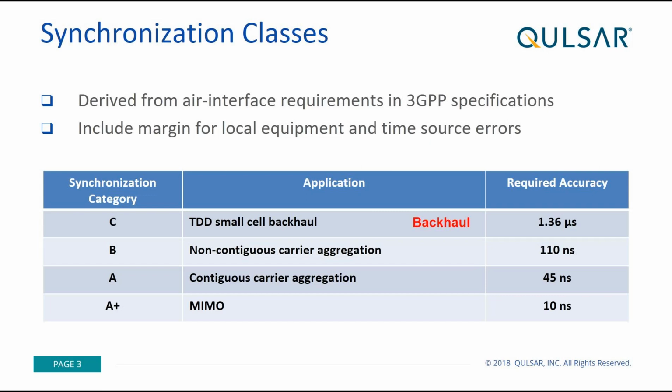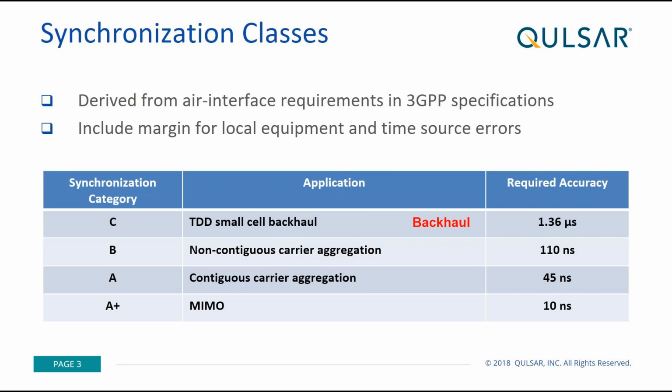This is saying that the baseband processing portion of any base station has to be aligned to within 1.36 microseconds of any other base station. And in fact, this is an absolute time requirement, so not only relative to each base station, but also relative to real time, or UTC as it's more correctly called.